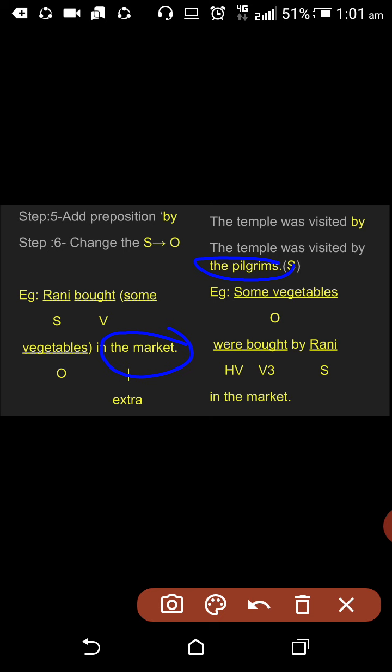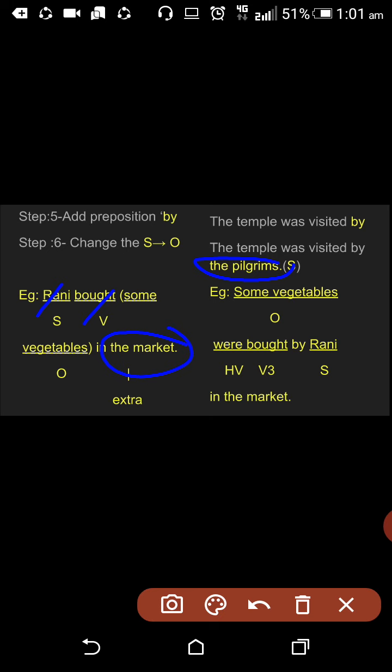Ronnie is the subject who is doing the action, bought is the verb, the action done by Ronnie, and some vegetables is the object which receives the action.